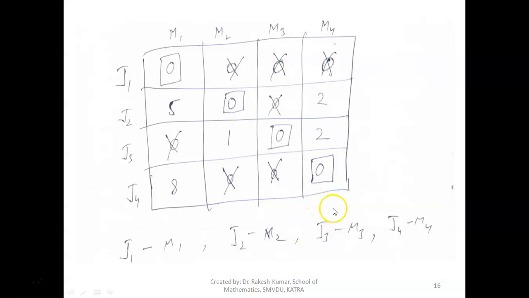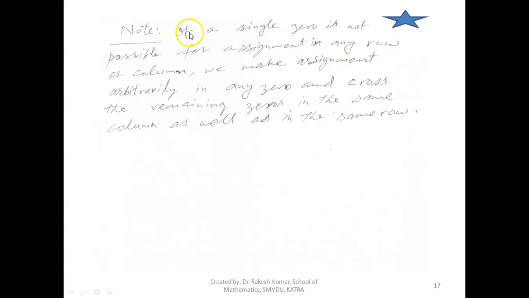In this case, when this kind of situation happens, what you have to do is arbitrarily do the assignment in any of these rows and columns. And yes, there's a note.